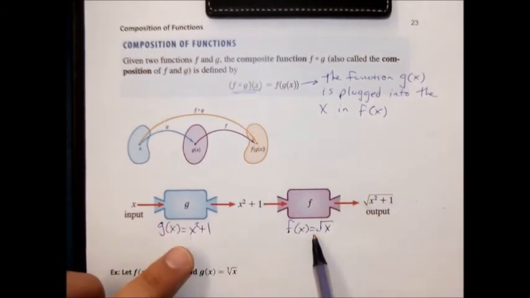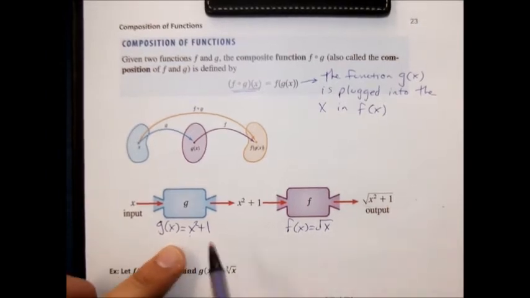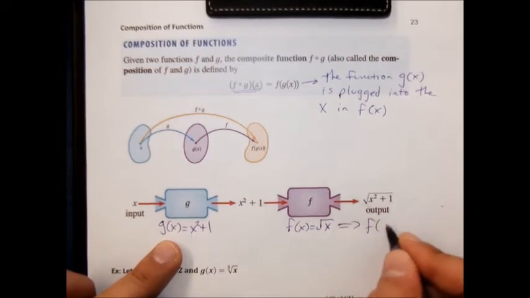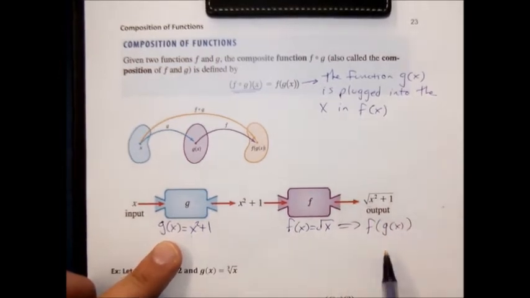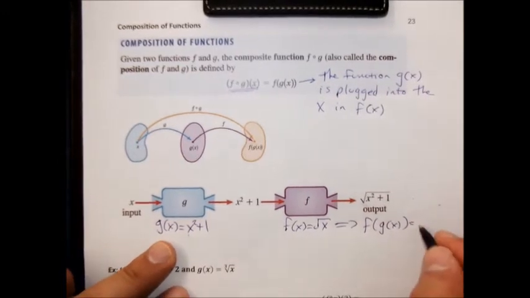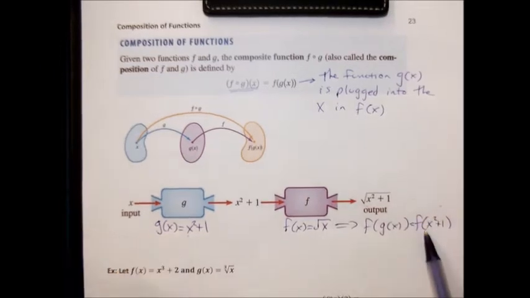And I'm trying to think about what two functions I would need to plug into each other that would give me that. Because if this is my g and this is my f, and I take the function g and plug it into f, in other words, I take the function x squared plus 1 and plug it into f, that notation means remove the x and put in x squared plus 1.